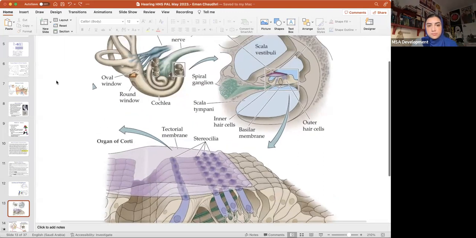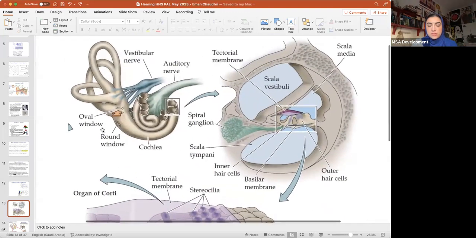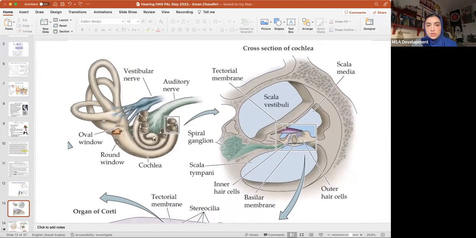Now look over here. You have your oval window that we talked about. This is your vestibular apparatus. This is your cochlea, and this is your vestibule. Now, your vestibule has these semicircular canals, and this is your cochlea as a spiral. The scala vestibuli, scala media, and the scala tympani, the portions of your cochlea, are filled with perilymph.